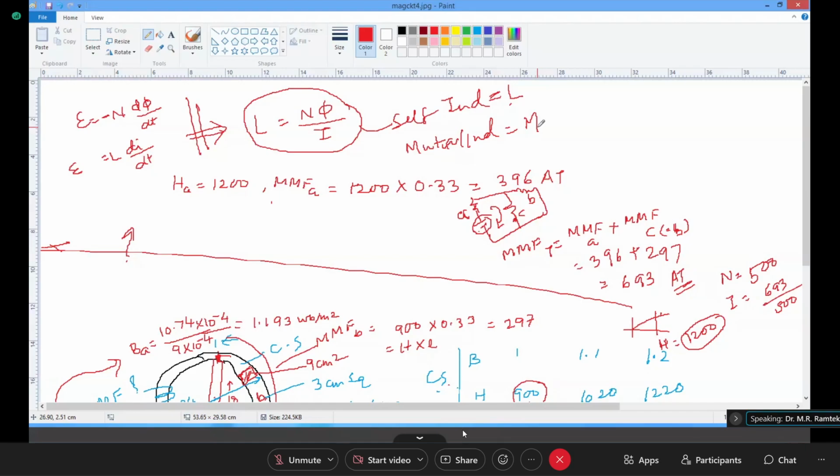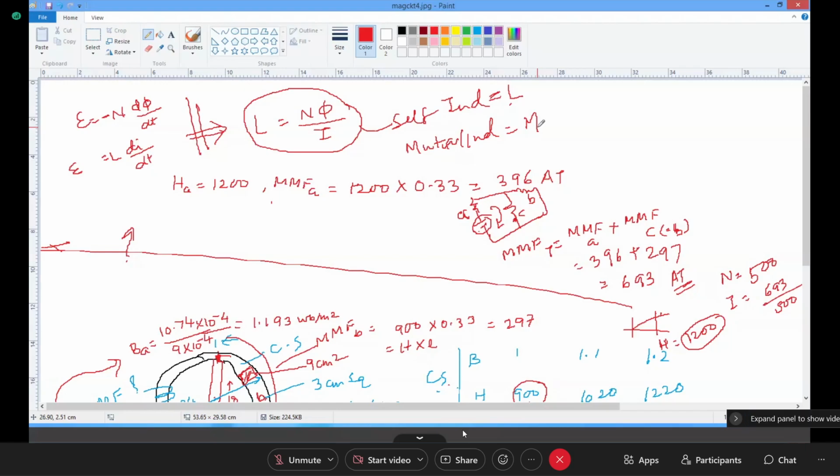So from that, we get the new inductance, which we call mutual inductance. Clear? This is just for your information. So mutual inductance and self-inductance are the two types of inductance. Again, you will learn these details later on.